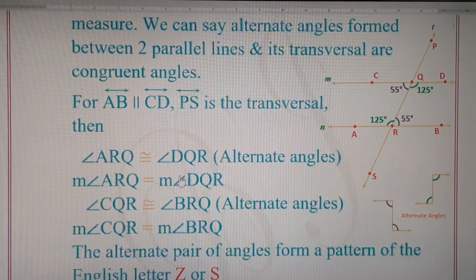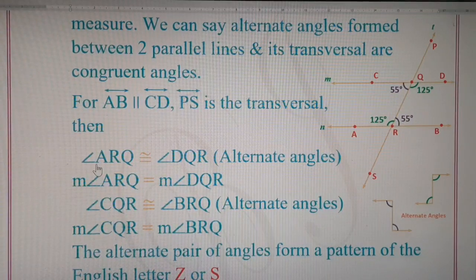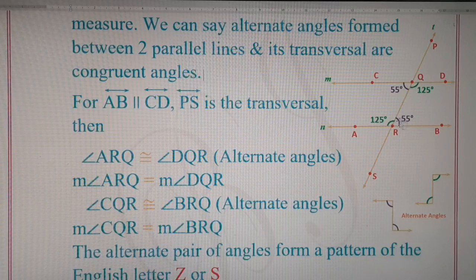Now the angles which are formed, that is angle ARQ and angle DQR. Angle ARQ, that is this green colored marked angle, and angle DQR, again this green colored marked angle.